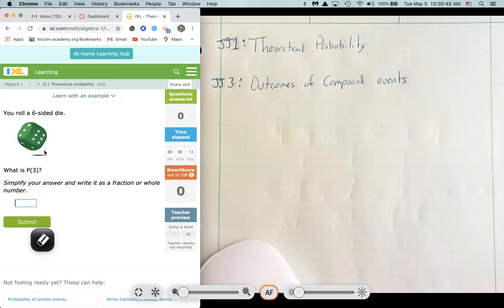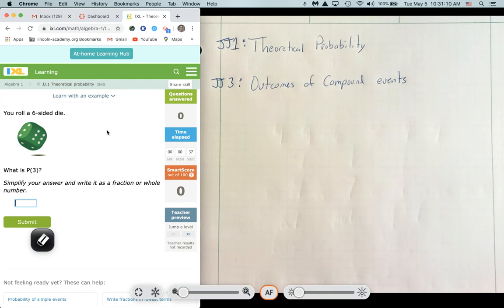Now, dice are not made perfectly. Sometimes people make what's called weighted dice, so it actually lands more often on one side than another. That's not theoretical probability. That's experimental probability, where you roll a dice to see, is this a weighted dice or not? Theoretically means we're just going to assume that it has the exact same chance of landing on every single side.